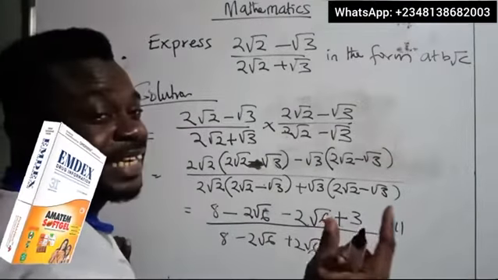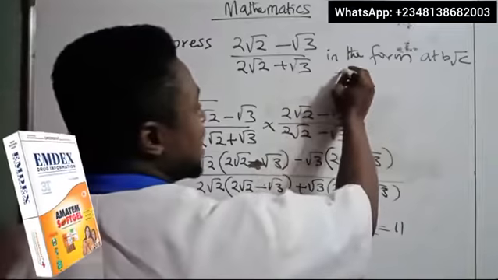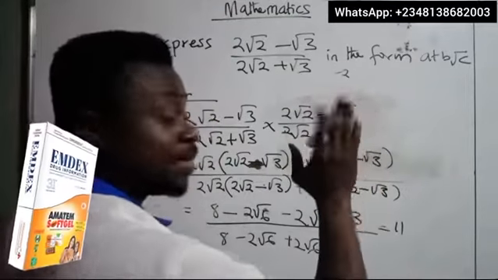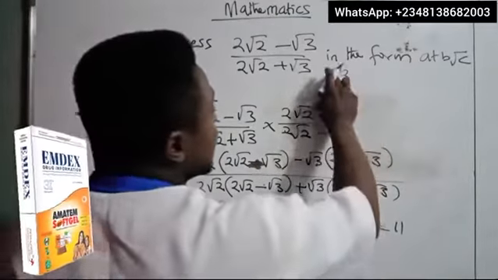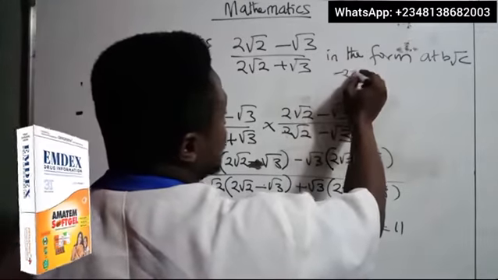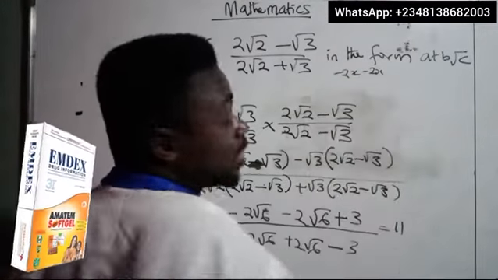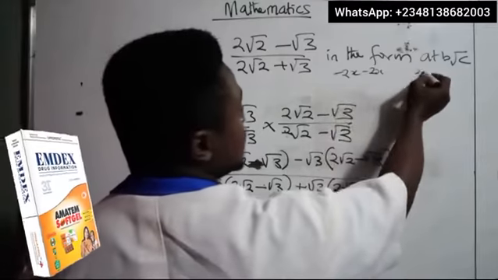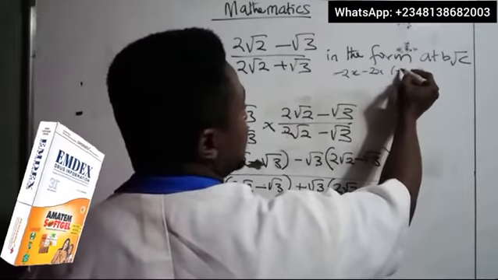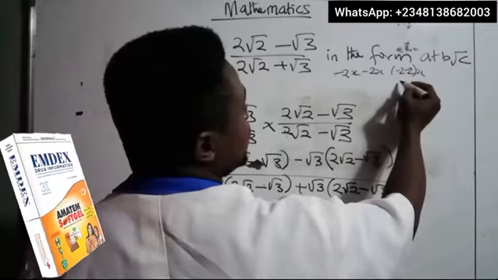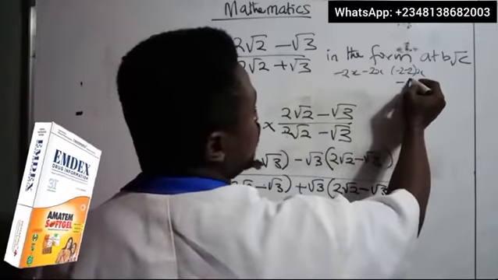This is the same thing as saying minus 2 as in a similar expression, minus 2x minus 2x. In that case, you bring out x, you now have what? Minus 2 minus 2, which will be minus 4.